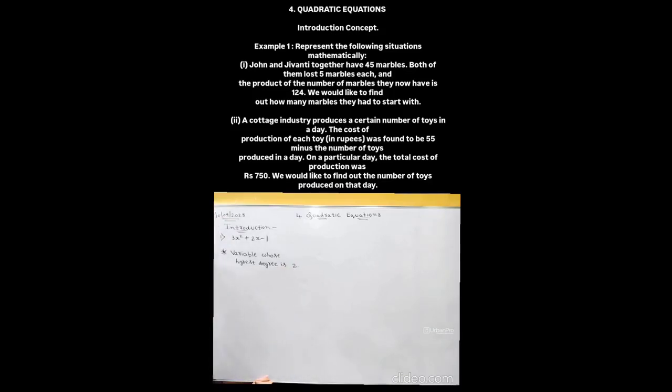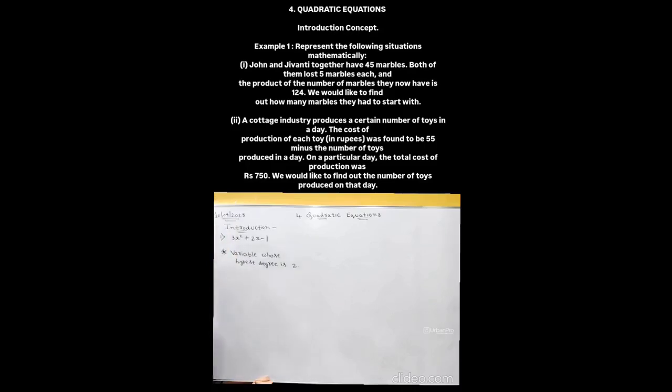Got it? Here the variable is x. The highest degree: here there is 1 also, and 2, but the highest is 2. So if a variable's highest degree is 2, then that equation is called a quadratic equation.